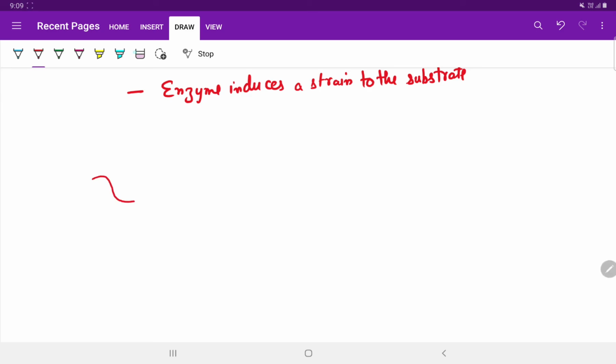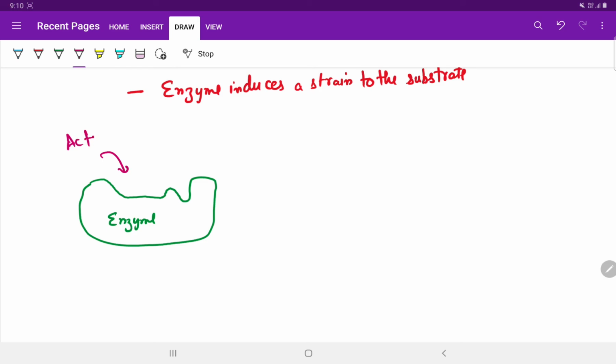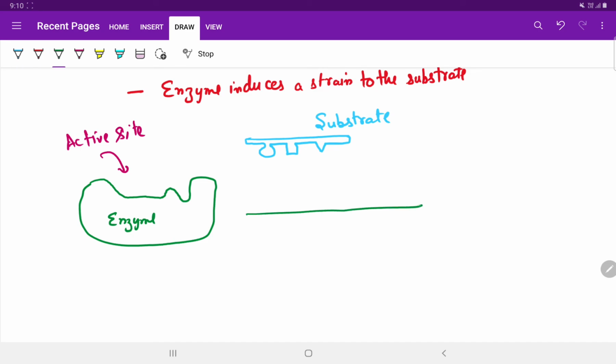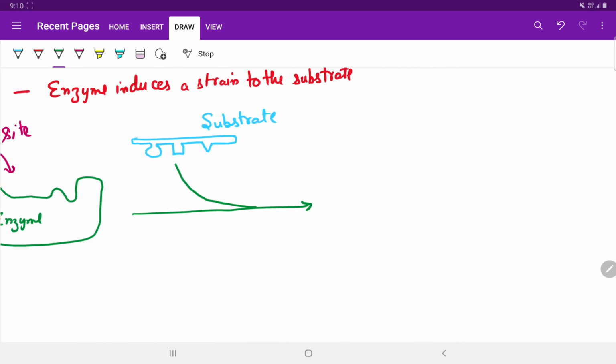So if this is an enzyme with a nascent active site, and this is the active site, then on addition of a substrate, this leads to a strain which is induced on the substrate and brings about the conformational changes.